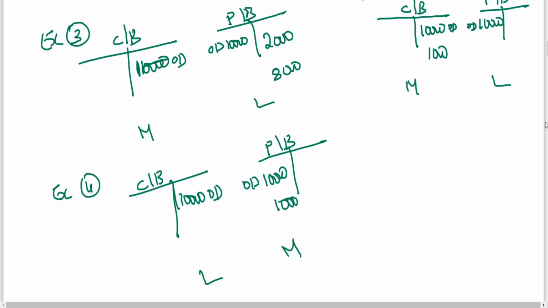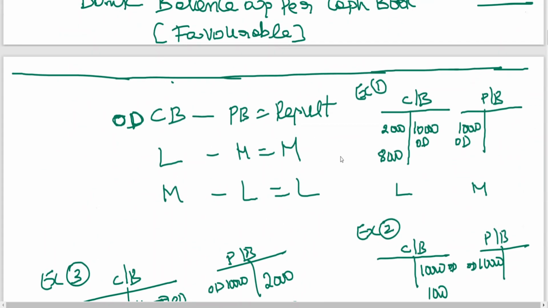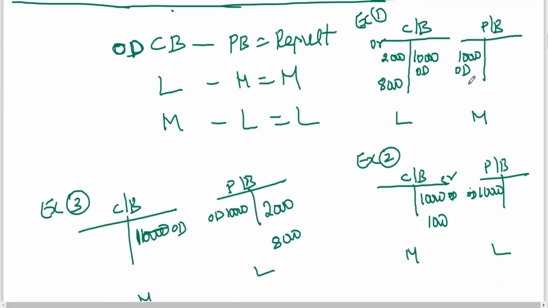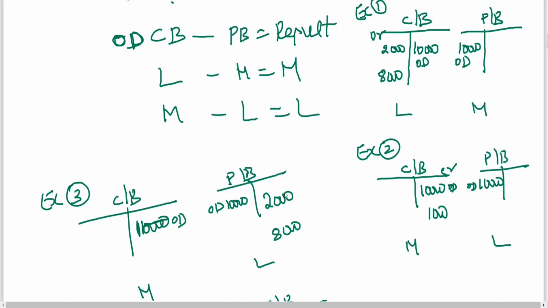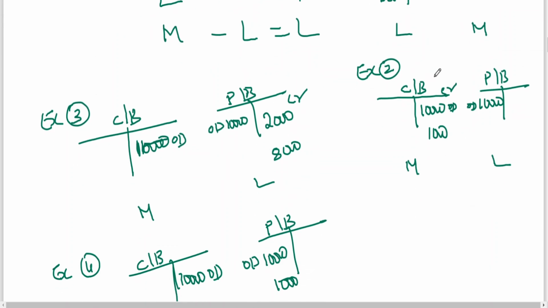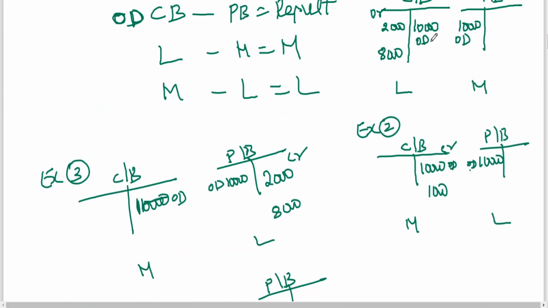Now, four statements I made. When deposit, this is deposit, no? Debit side is nothing but deposit. Here credit side is nothing but payment. Here credit side is deposit. Debit side means payment. Now let us see.